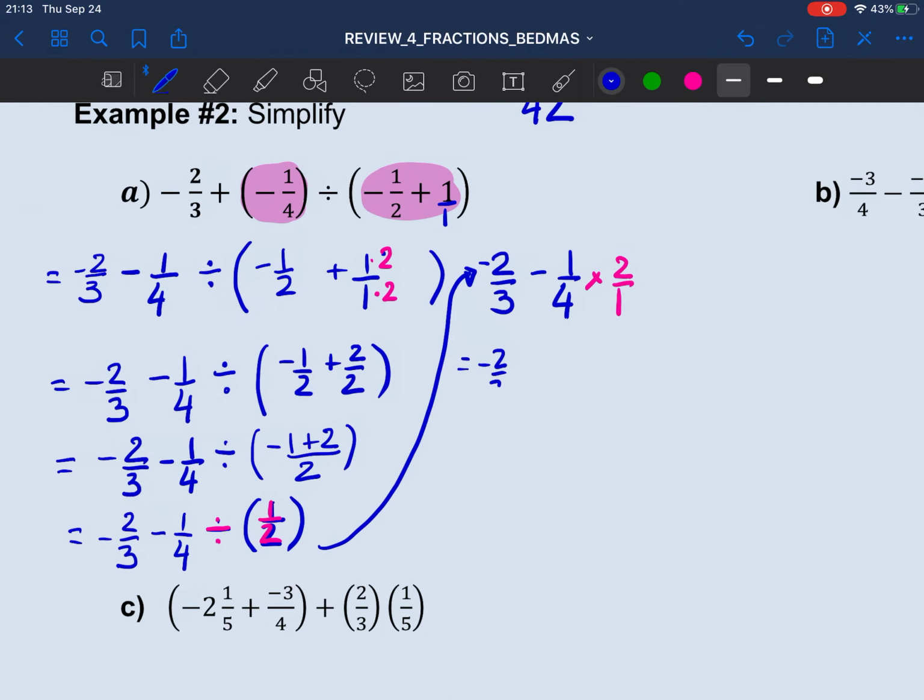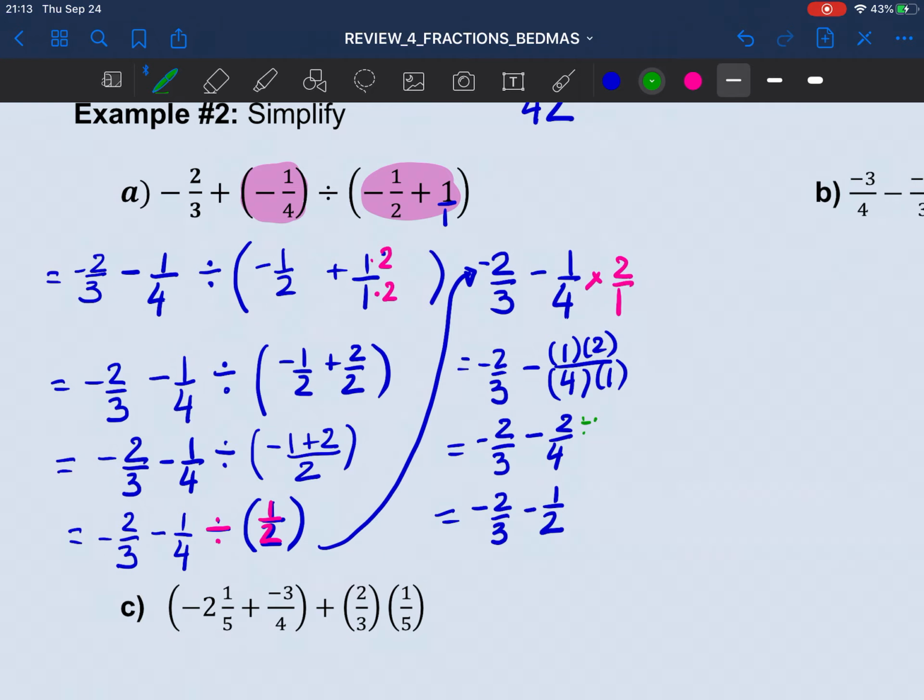So we have negative 2 over 3 minus 1 times 2 over 4 times 1. I know you can do this in your head, and that's what you're supposed to do. I'm just showing the work in here. So negative 2 over 4. Even better, negative 2 over 3 minus 1 over 2.